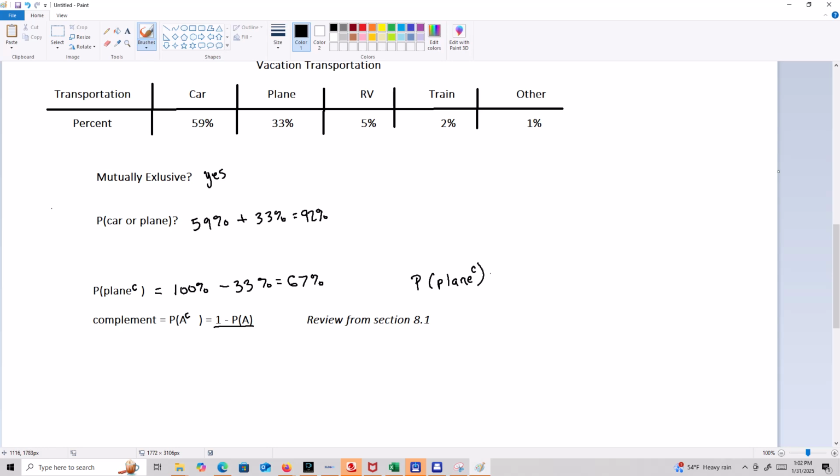So there's 59% for the car, 5% for the RV. We're skipping plane because we're trying to find the complement of the plane. 2% for the train, and 1% for the other, and lo and behold, you also get 67%. You can do it either way.